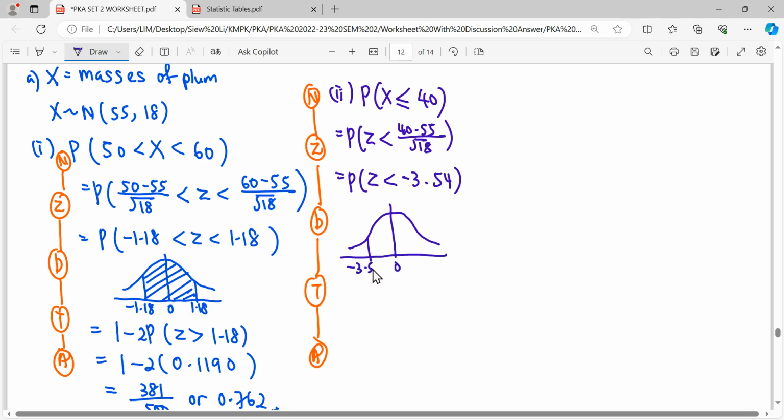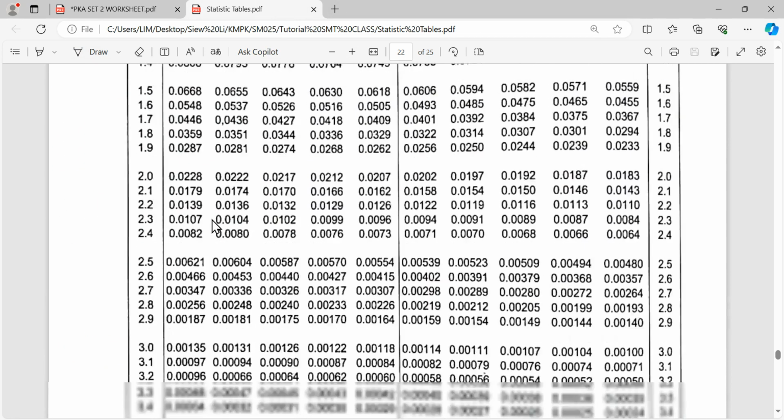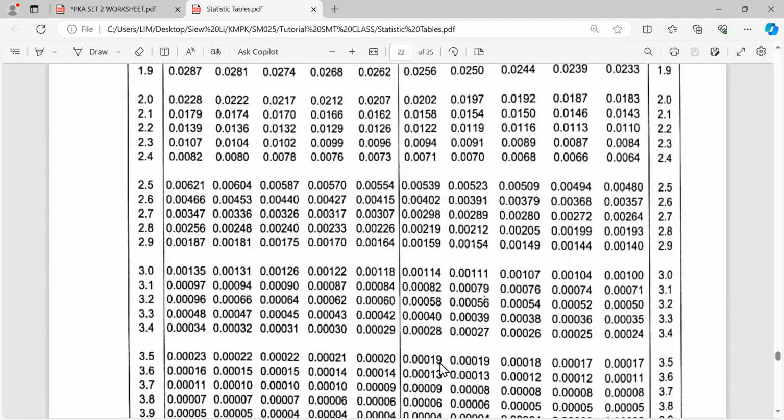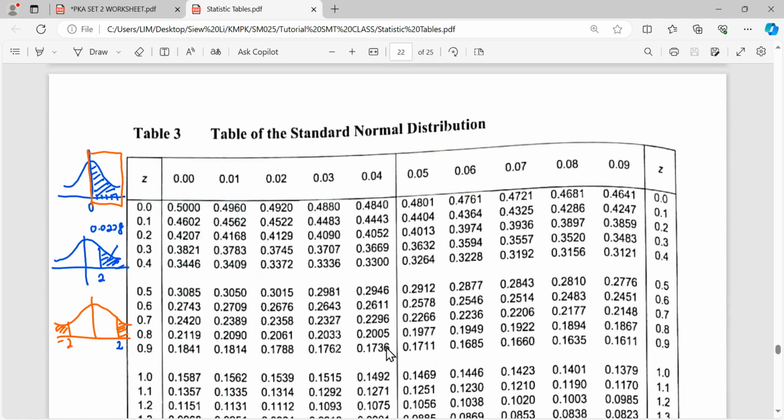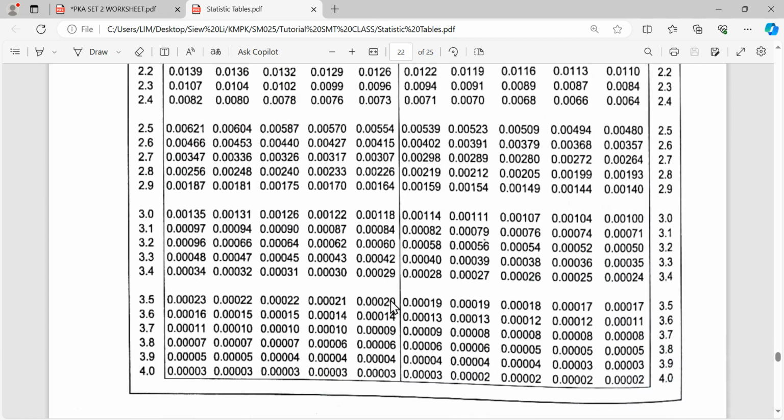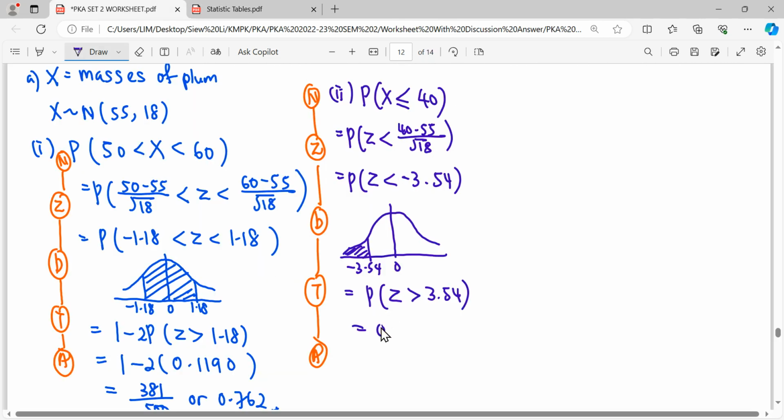Negative at the left hand side, and less than that we shift to this part. So we are going to read the tail of negative. It will be similar to the tail of positive, so the tail result will be written as z bigger than 3.54. The tail of negative is the same as the tail of positive 3.54. So the answer is 0.0002.